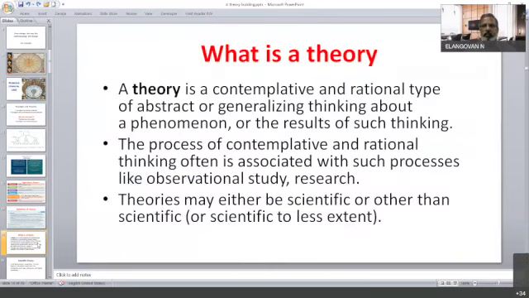So what is a theory? It is a contemplative and rational type of abstract or generalizing thinking about a phenomenon, or the result of such thinking. So theory can be a kind of understanding. Theory can be a kind of reasoning.